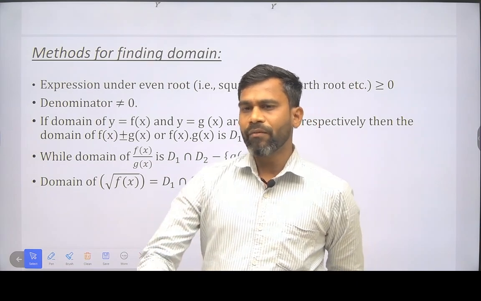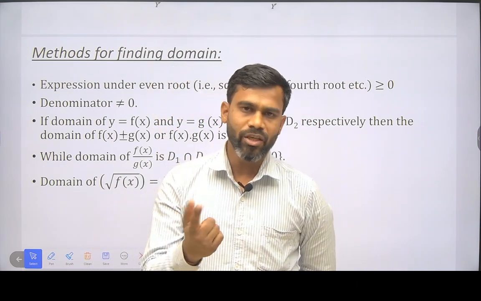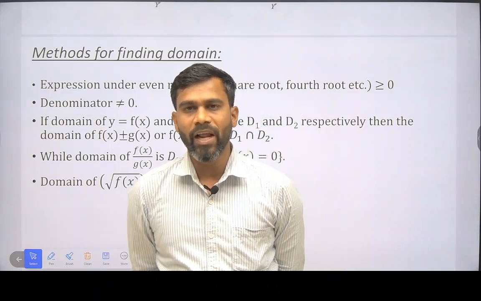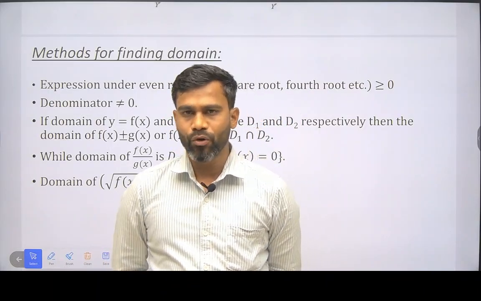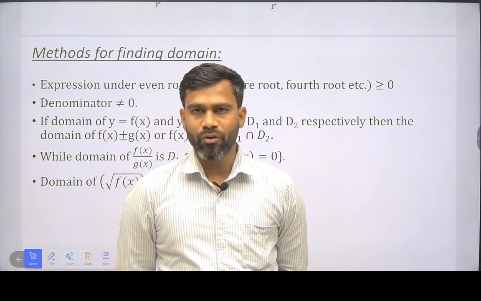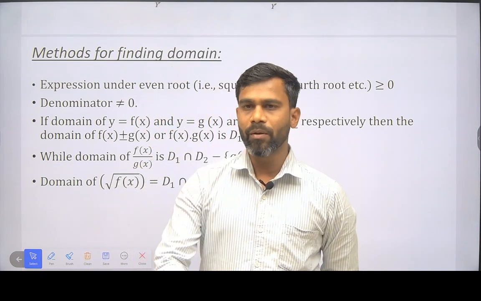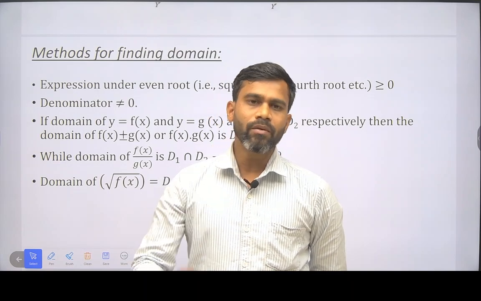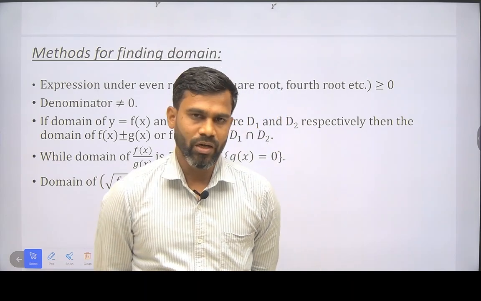And suppose we have to find out the domain of two functions which are in addition, multiplication, division, or subtraction. So what we need to do is find the domain of both the functions, and then find the intersection of the domains of both the functions. That will be the effective domain, or the domain of the function. Understood?